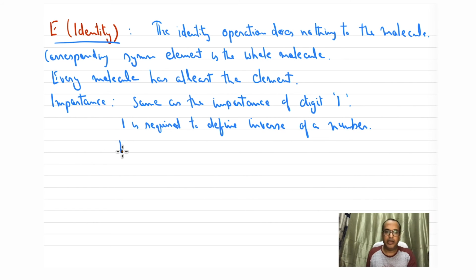So similarly, E is required to define the inverse of a symmetry operation. Just like 1 is required in algebra to define any inverse, E is required to define the inverse of a symmetry operation. So that's why we have E.